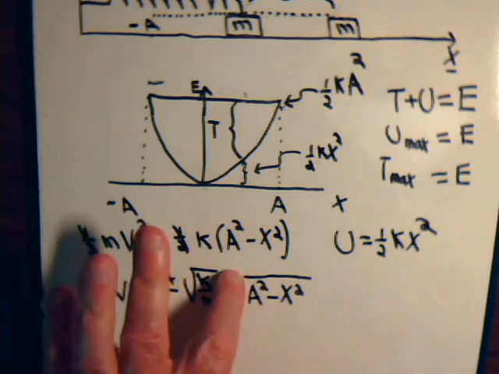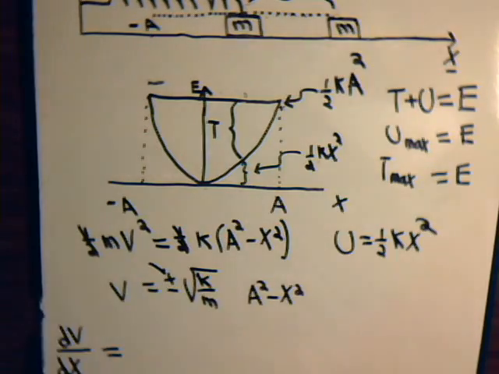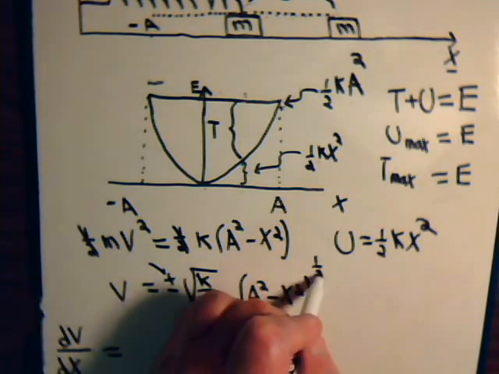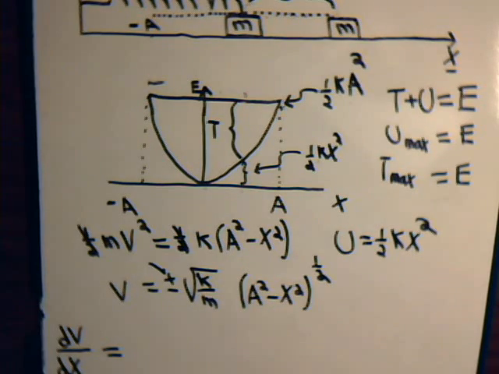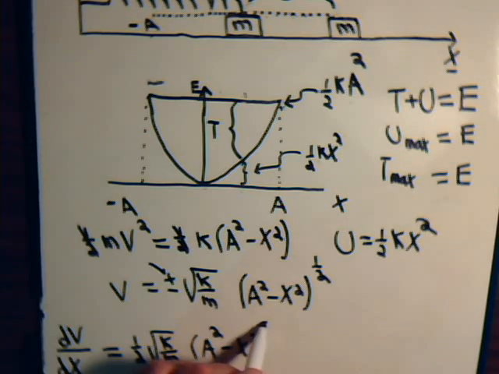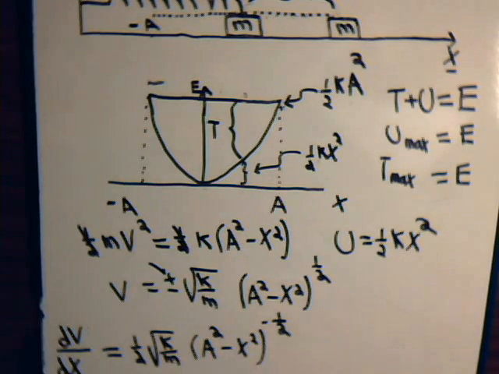So let's consider this not as a square root, but raised to the power 1/2. So that will be 1/2 times the square root of k over m times A squared minus x squared to the minus 1/2 times the derivative of what's inside, and that's going to be minus 2x.